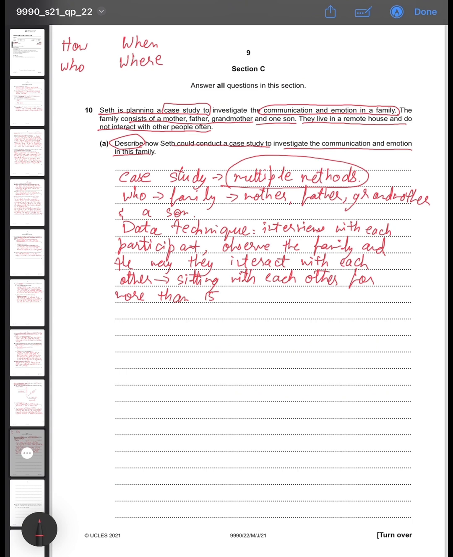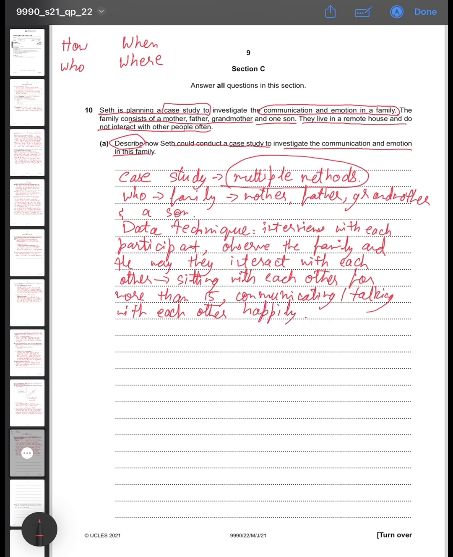So that is how they are connecting with each other emotionally. And then he can also observe them communicating or talking to each other happily.